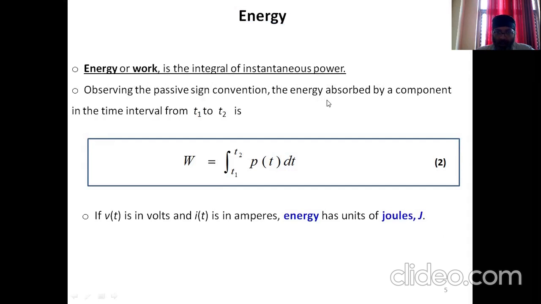So this power flowing in a circuit from time instant t1 to time instant t2, multiplied by that particular time, we get energy in that particular circuit. So we'll do examples of this so that you can understand it better.